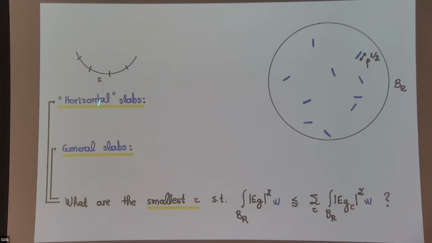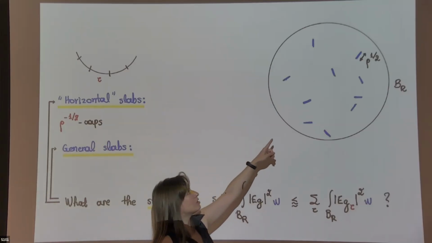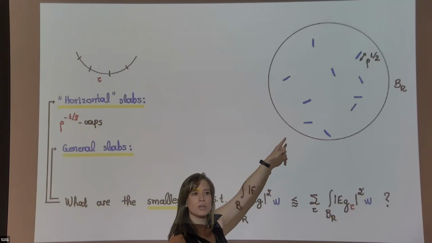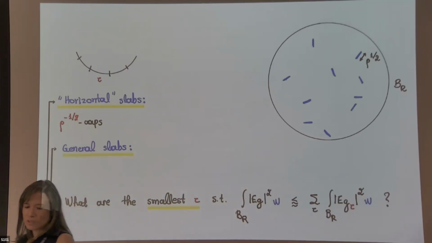But we still get something in both cases. So split in rho^(-1/2) caps and get decoupling in the horizontal case, nearly horizontal case, meaning that the caps are quite short. They have the reciprocal length of the slabs.